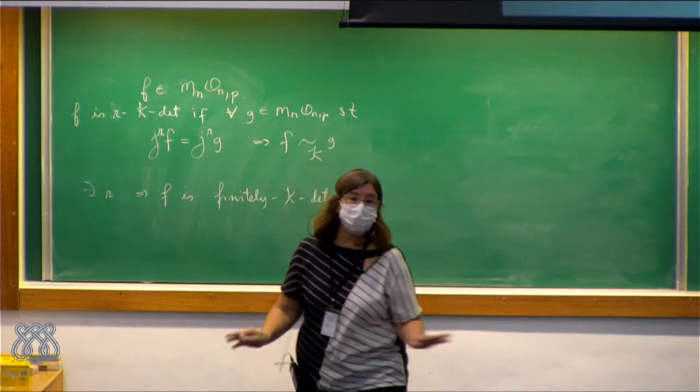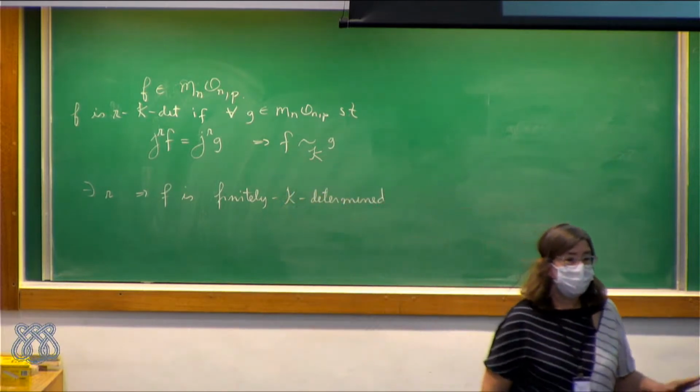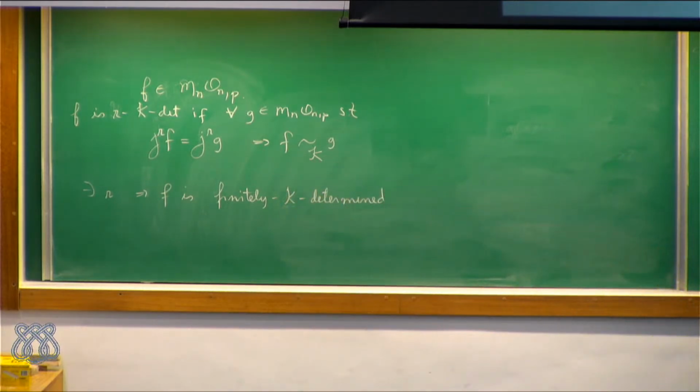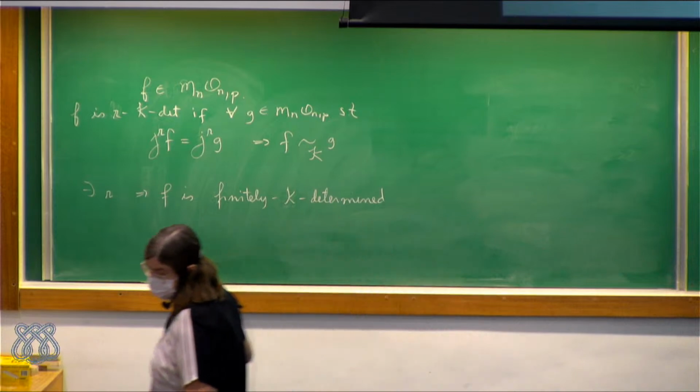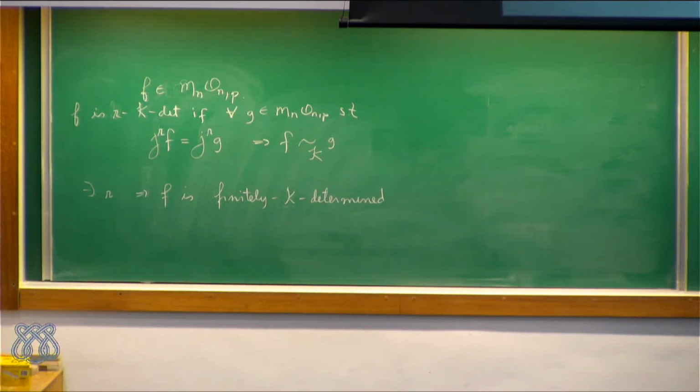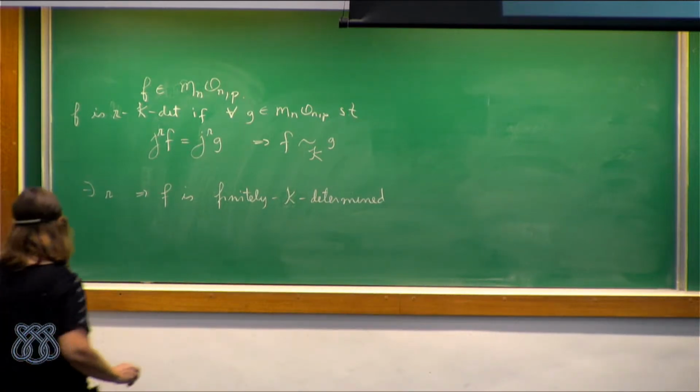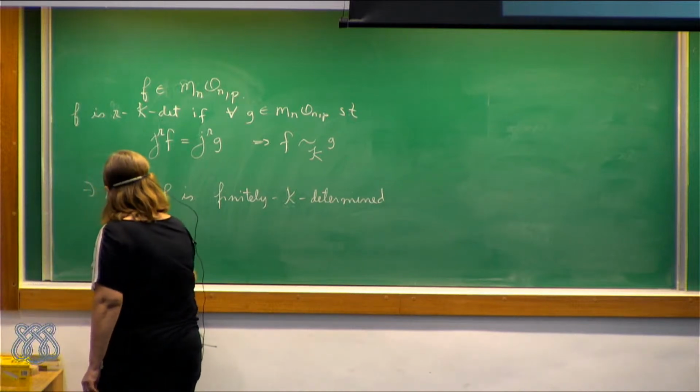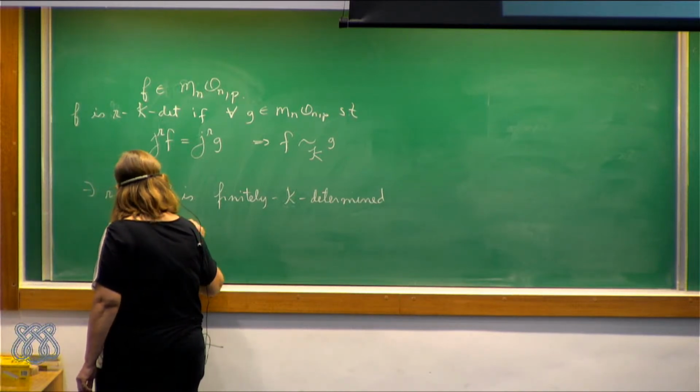Everything here is concerned with the K group, so I will omit it and just say the words. And this R we call the degree of determinacy.